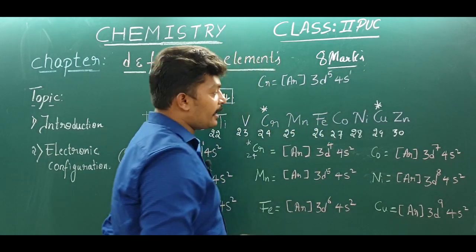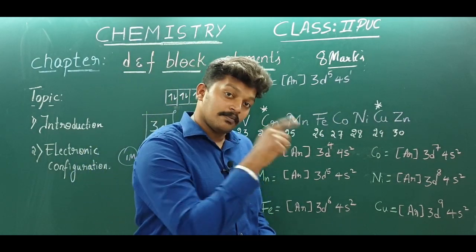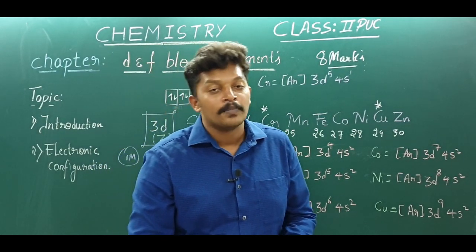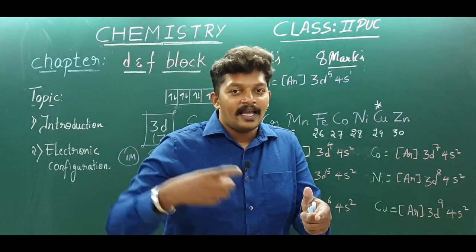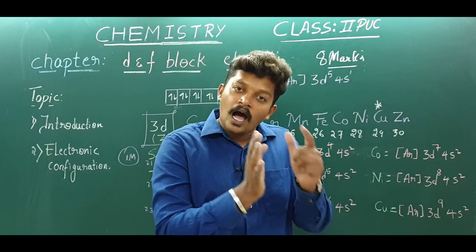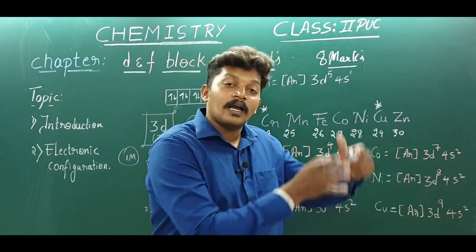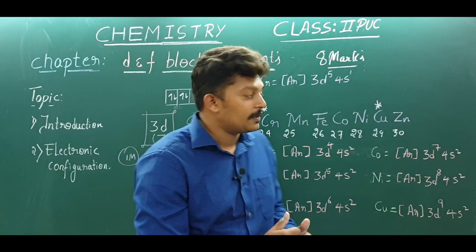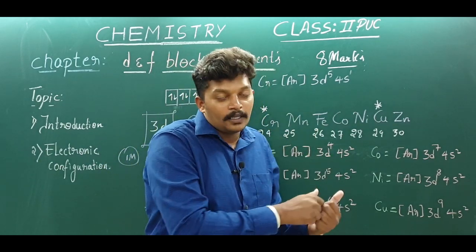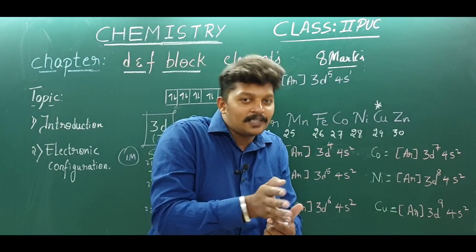Okay, why? This question may be asked, or the same electronic configuration may be asked. Because you know that zero electrons is stable, half filled is stable, completely filled is stable. So 10 electrons can be filled in d. Half of that means 5.